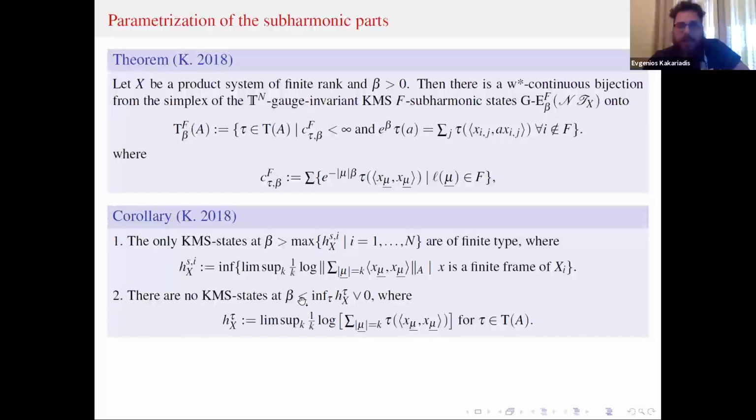And one more that tells you what is the lowest inverse temperature that you can go, below which you don't have any KMS states.